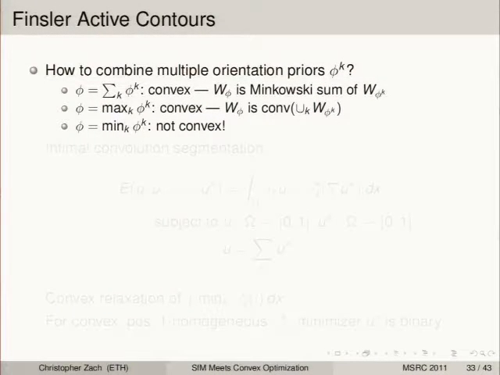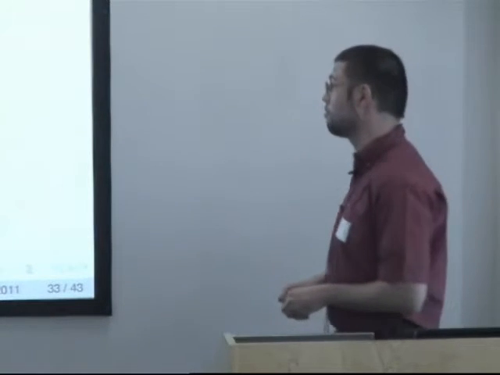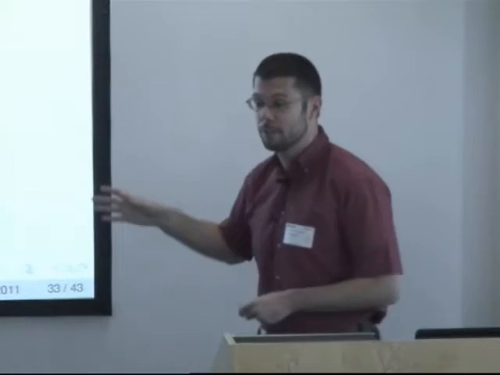So recently some interest is also in extending this kind of modeling. We have talked about just a holistic smoothness prior. So what happens if you, for example, have smoothness priors coming from multiple sources? In the simplest case, you have multiple orientations. All of them would be good, but you can only pick one of them.